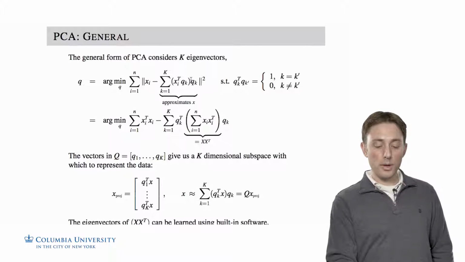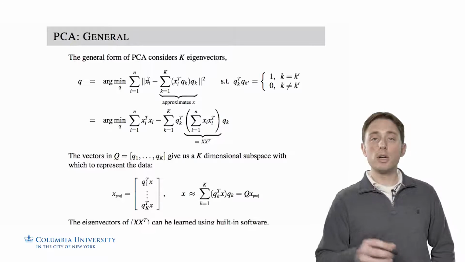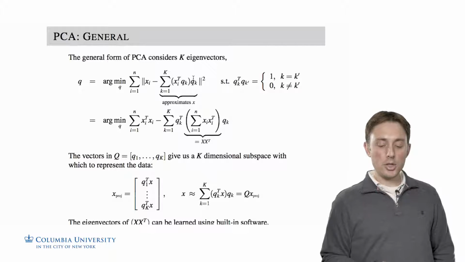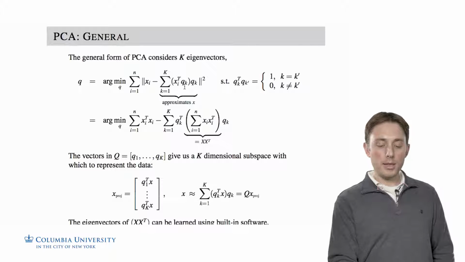And so again, if we want to represent our approximation of xi as a linear combination of these k different vectors, we take each eigenvector, qk, and we stretch it by the dot product of the point xi with the eigenvector.